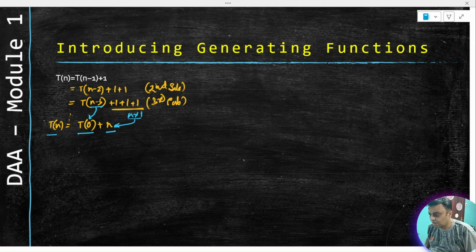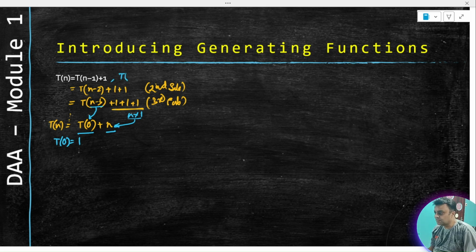Again, if you don't remember, you want to recollect, please go back and check the video regarding this in this playlist. T0 will be already given. Let's assume T0 is given as 1 in this problem.